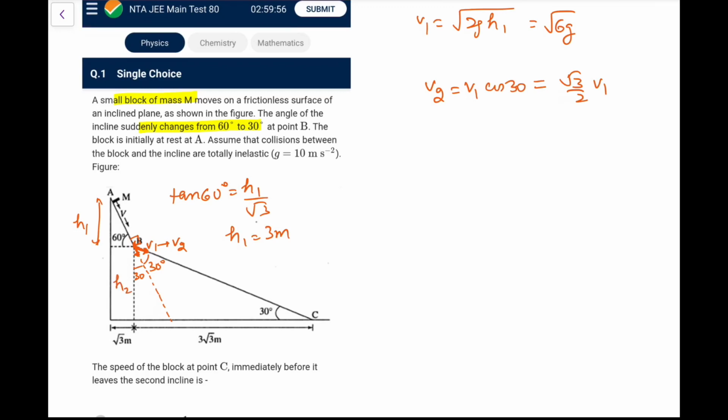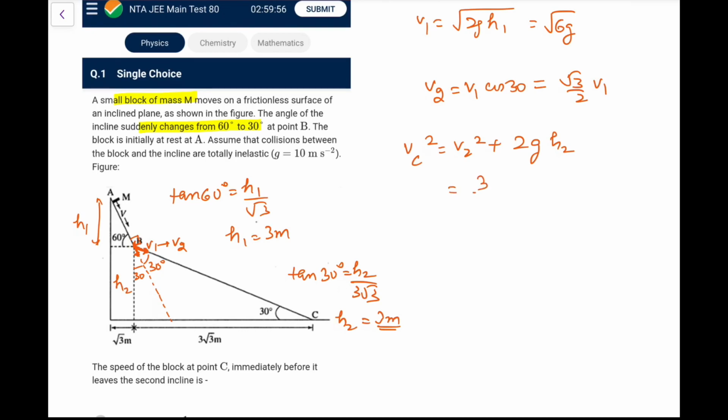Now going further, this will fall by height h2, so I can directly say the final speed vc square would be equal to v2 square plus 2g h2, and again using that geometry sin 30 degree is equal to h2 upon 3 root 3. So h2 again comes out as 3 meters.